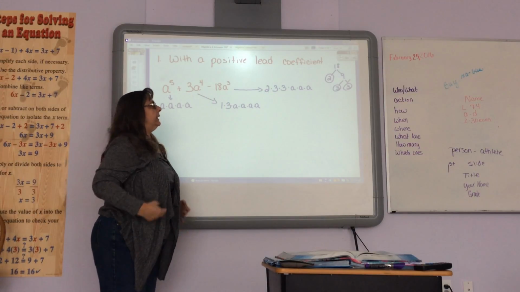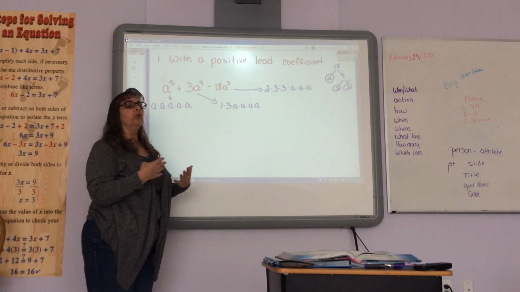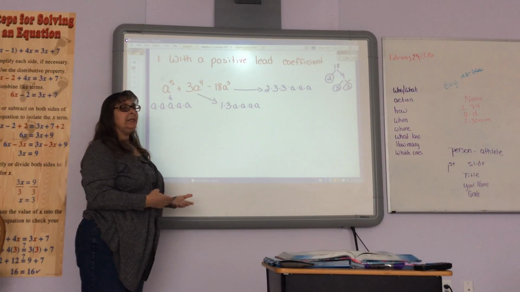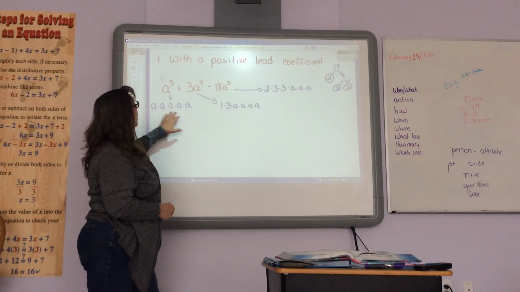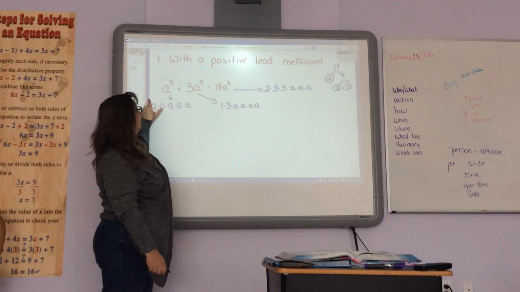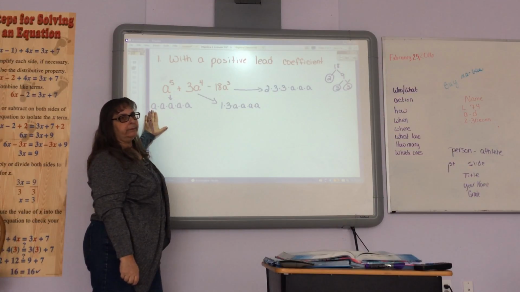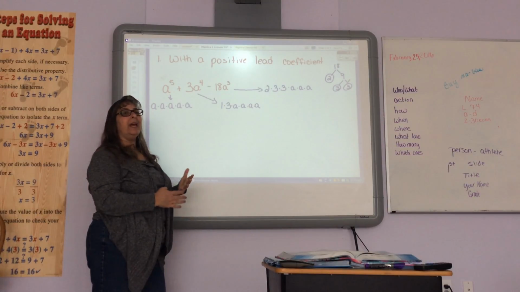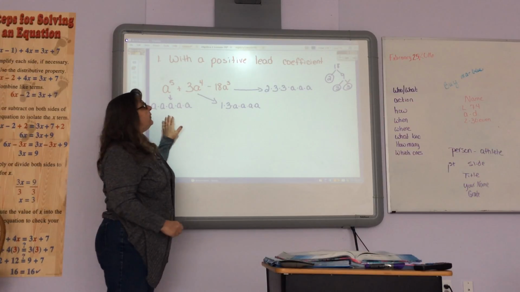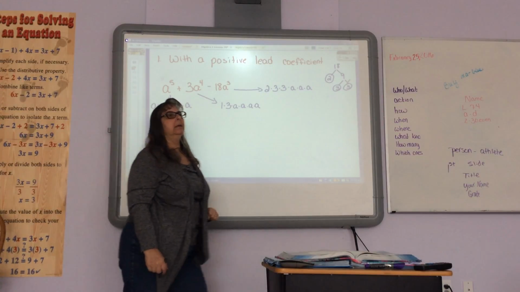All right. Now, we're looking for the greatest factor in all 3 terms. Well, this one only has the number 1, so we don't have any numbers that we can take out. But they all have a's.